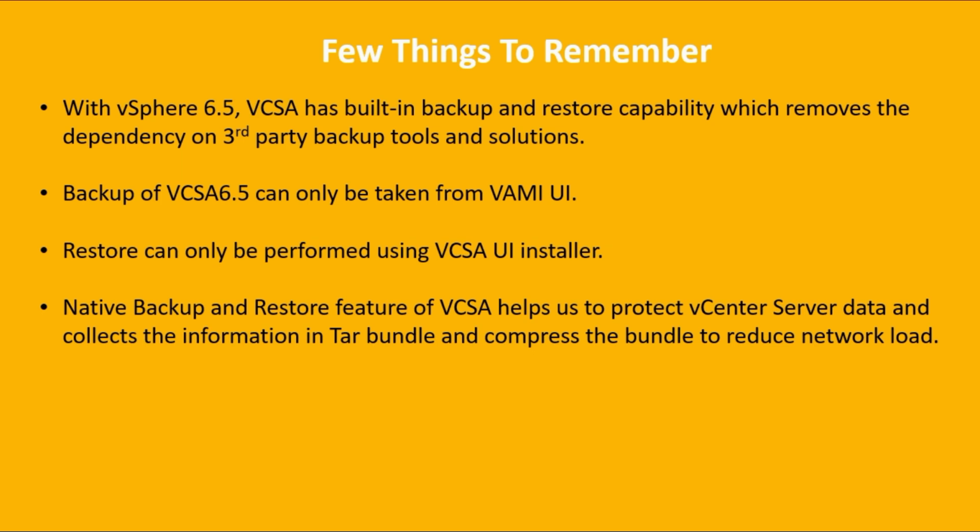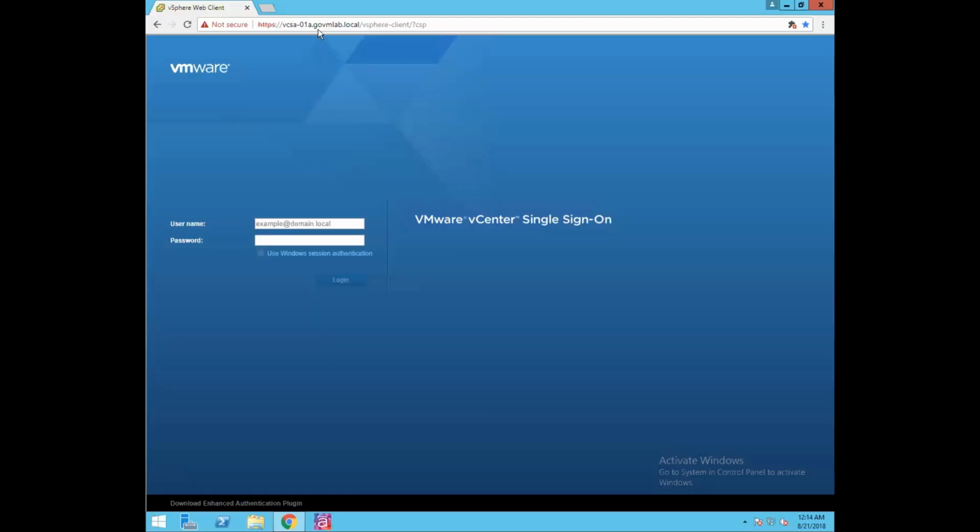So let's get started. Let's log into our VCSA, which we are going to back up. This is my vCenter server, vcsa-01a.govmlab.local. Now let's give the SSO username of your VCSA appliance or vCenter server.